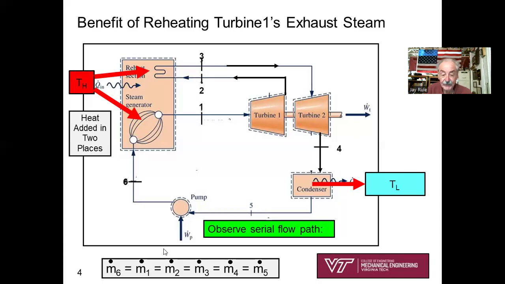State 5, same flow. And so it's key to recognize that all these m dots are identical. They're all the same. A lot of students don't get that because they've had previous homework problems on regeneration where there's this y stuff and gosh, and so they think this is going to be similar. This is actually much simpler.